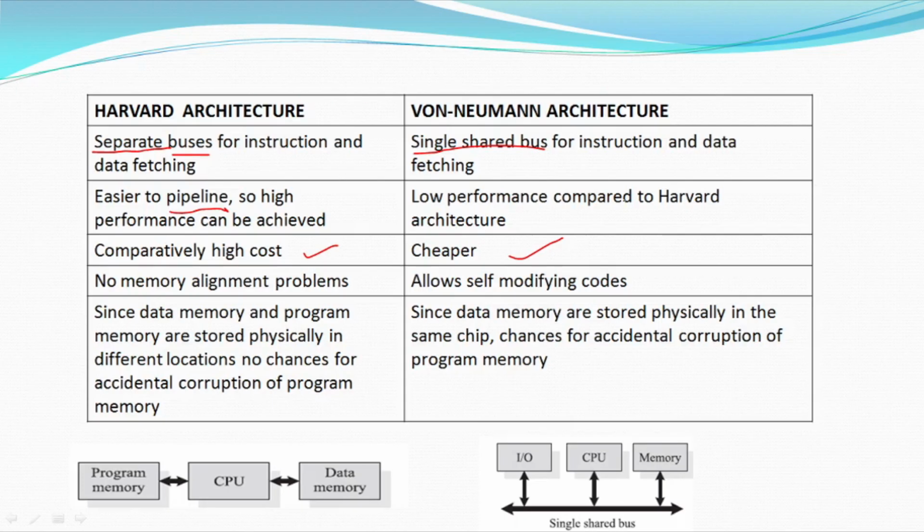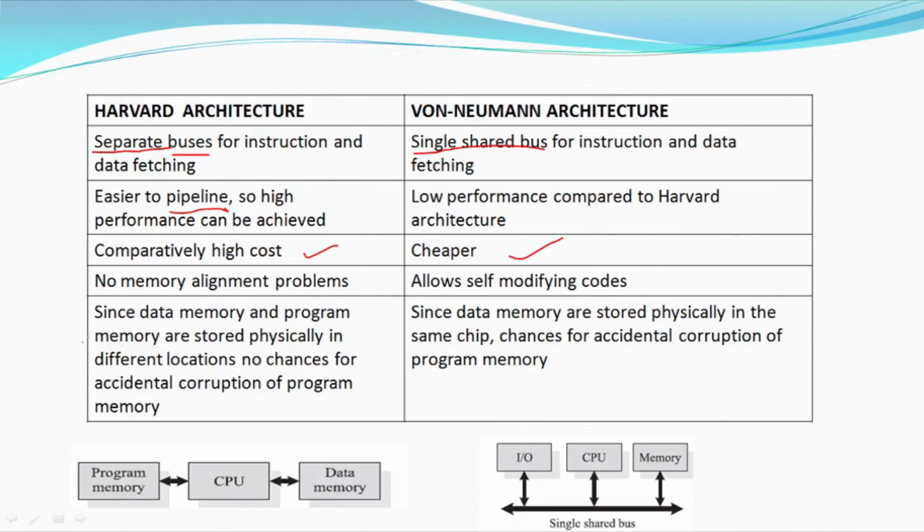But when it comes to von Neumann architecture, because code and data stay in the same location while the program is run, while executing the instructions, modification can happen in the code. Any sort of overwriting can happen here.